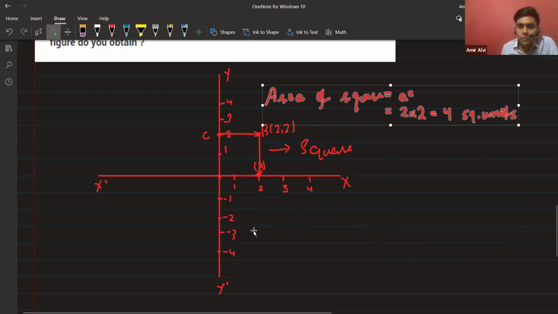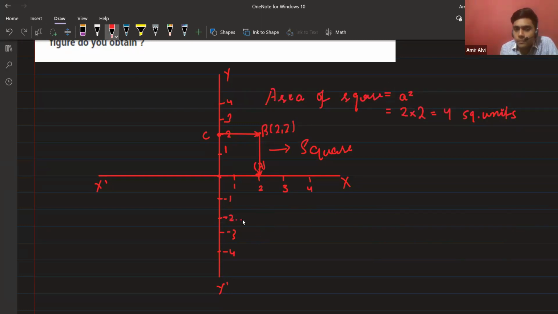Now tell me, Simran, what is the value of x here? Is it positive or negative?